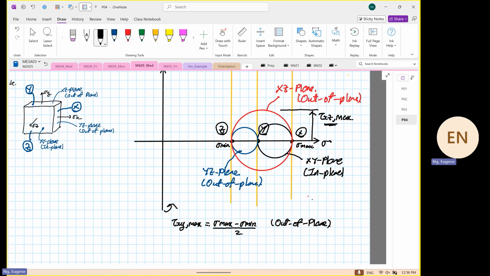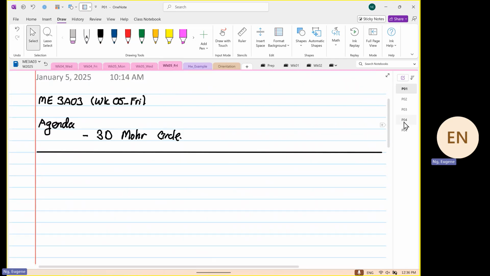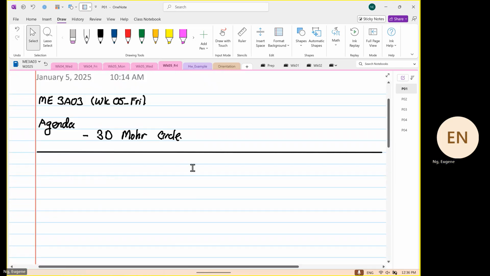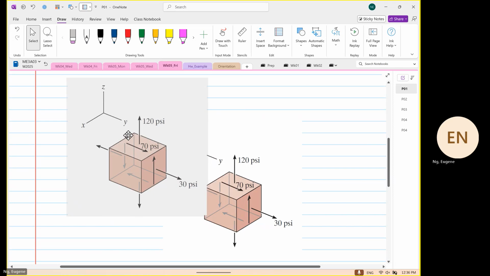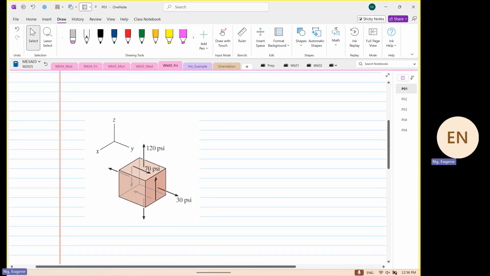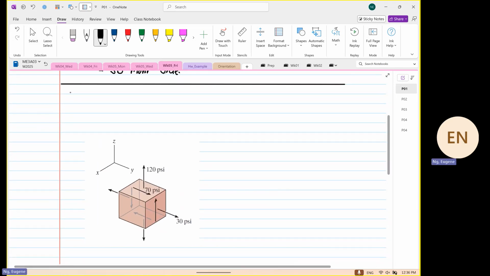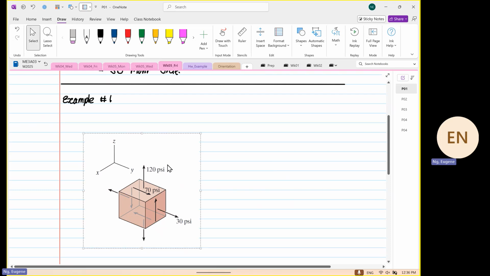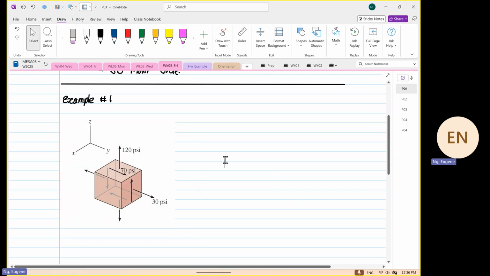As I said, the 3D Mohr circle is not difficult at all. Okay, so I've just posted this on Avenue to Learn. If you all can get this element, please. Okay, so this is our element, example number 1. So we have to follow the transformation that we are given over here.